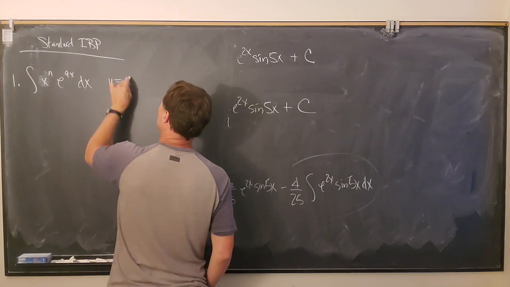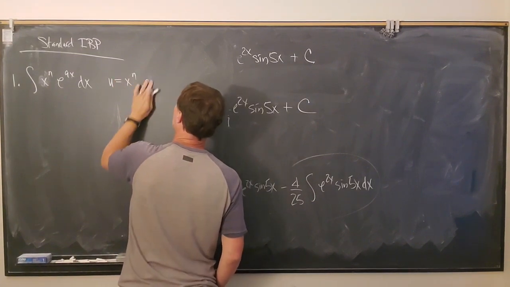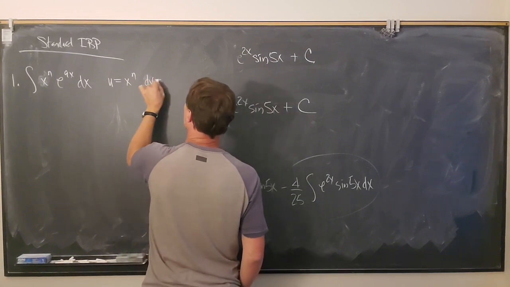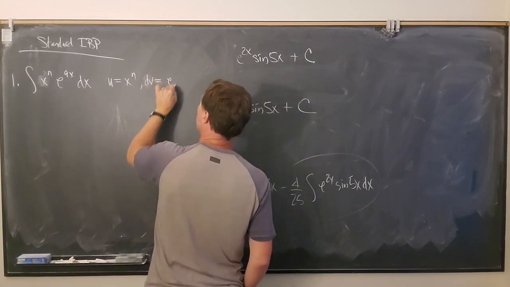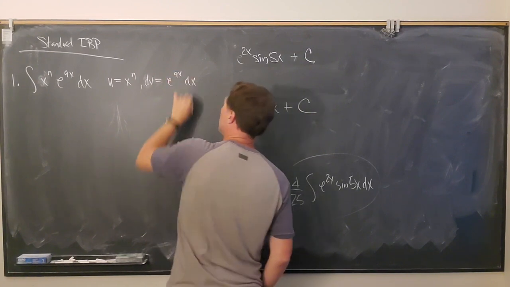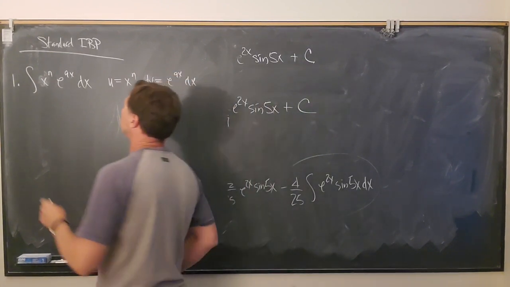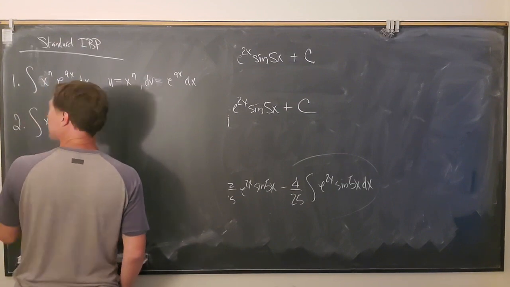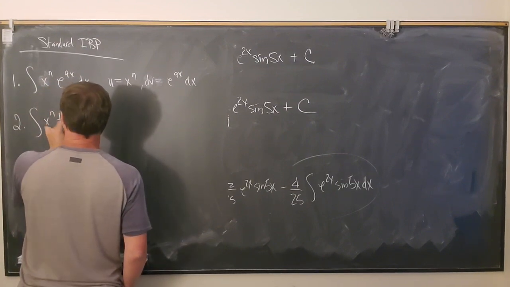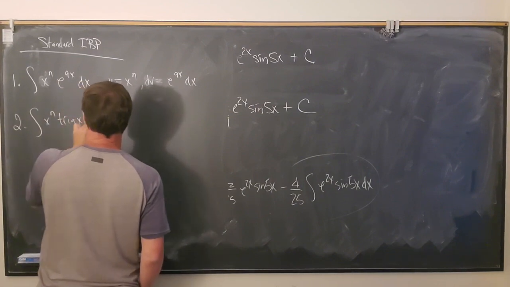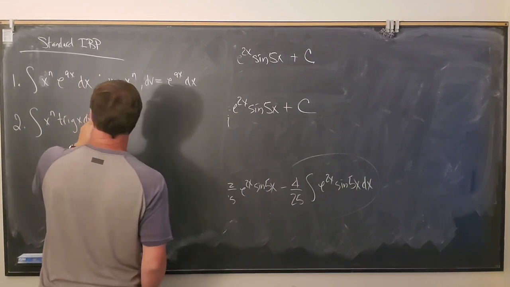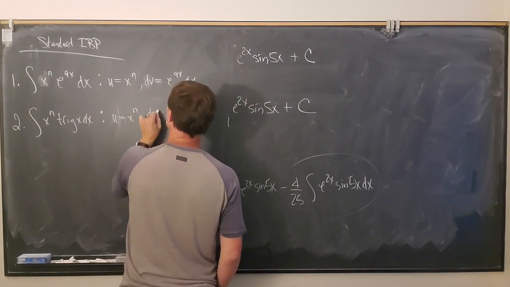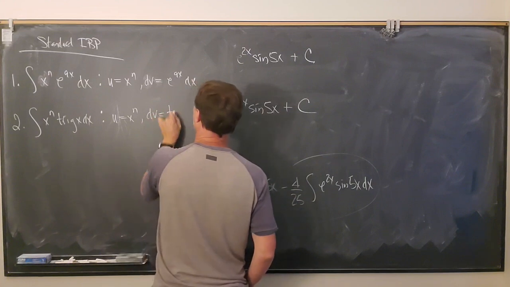Always let u equal x to the n and dv equal the exponential part, so that'll be e to the ax dx. Next example, polynomial times trig function. Let u equal the polynomial part, dv equal the trig part.